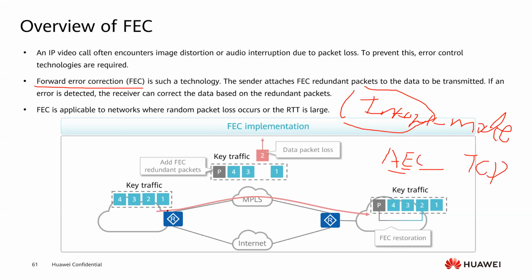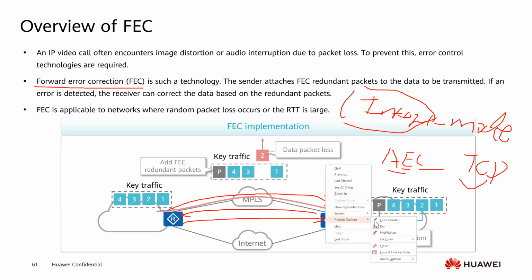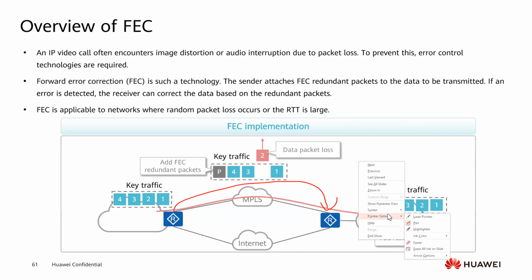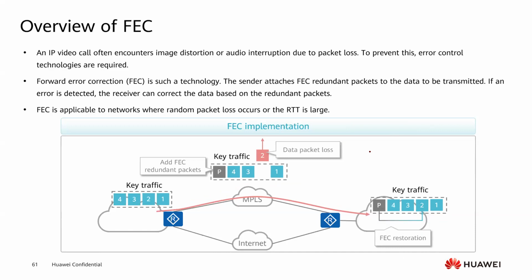AEC means that I send out, and on the other side I find there is a problem and it dropped some packets. So I tell the sender, and the sender will send those packets again. This is good for TCP, because TCP is concerned with whether my packet can be forwarded to the other side with a low packet loss rate or not. So this is what AEC cares about.